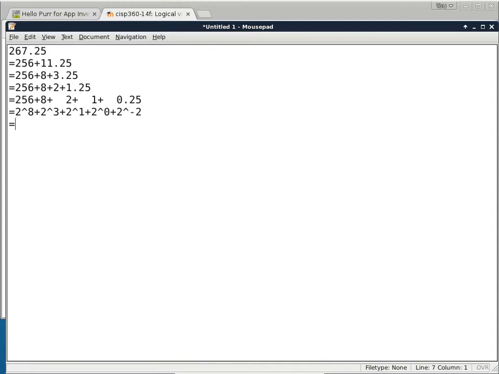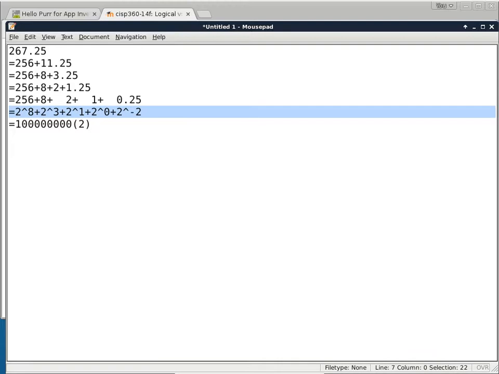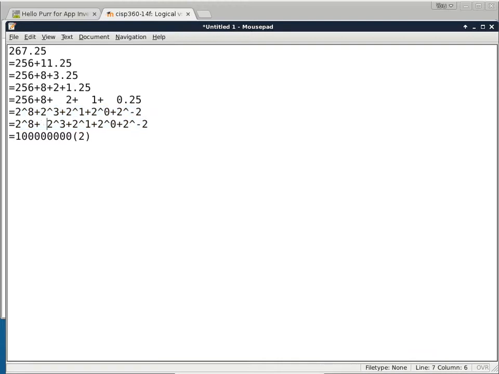Okay, it's 1 followed by 8 zeros, because the number of zeros on the right-hand side indicates the power that you're dealing with. So this becomes 1 followed by 8 zeros. It's a base 2 number. Let me copy and paste this row and realign things so it's easier to read.